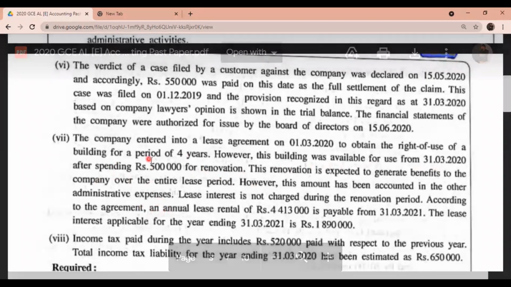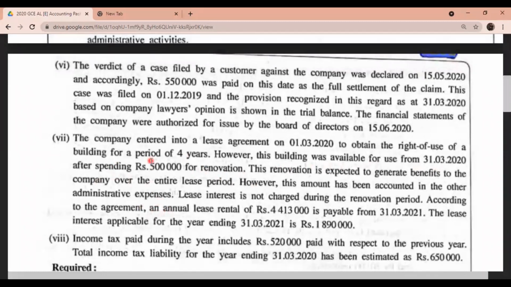So this renovation is a capital expenditure. I taught you in the first class what is capital expenditure and revenue expenditure. Capital expenditure is something you are adding to the non-current asset. That cannot be taken as a revenue expenditure. Revenue expenditures are expenses related to the day-to-day of the business. In the company, the profit and loss account shows the revenue expenditure.